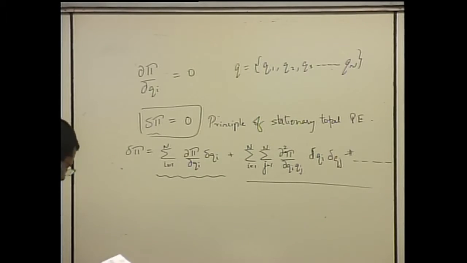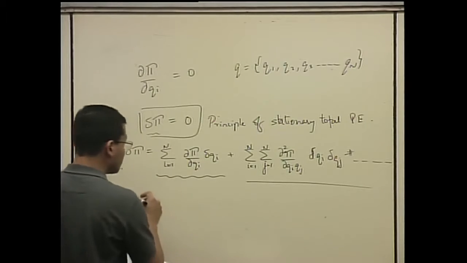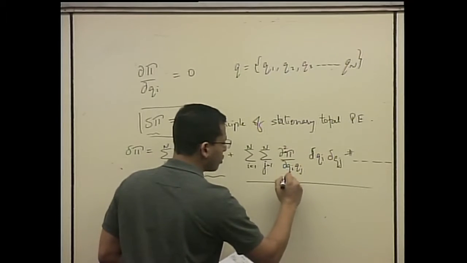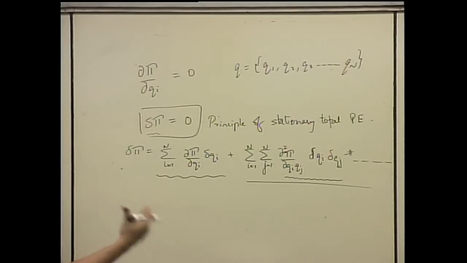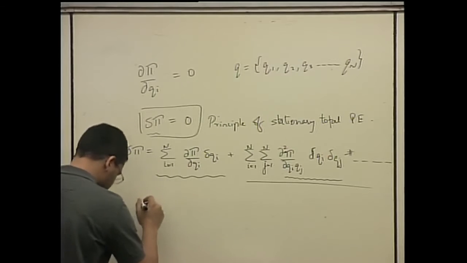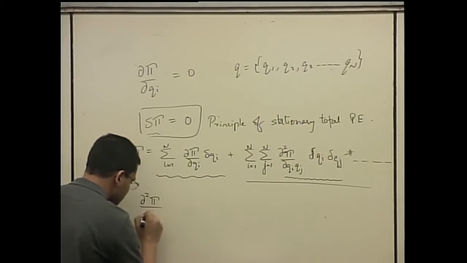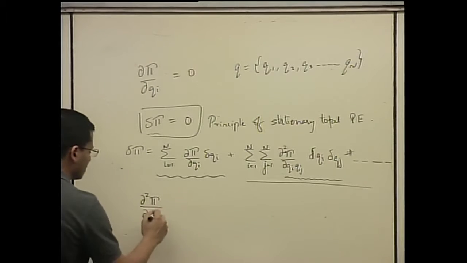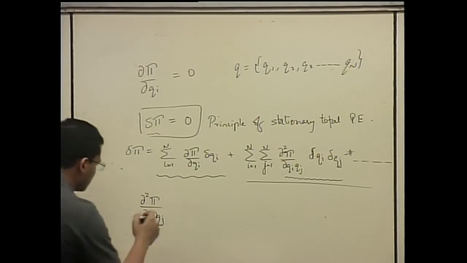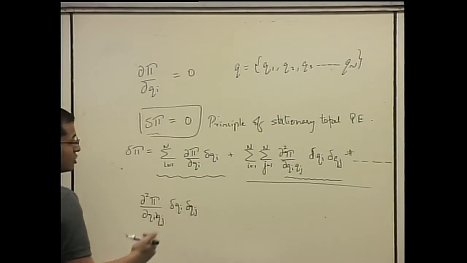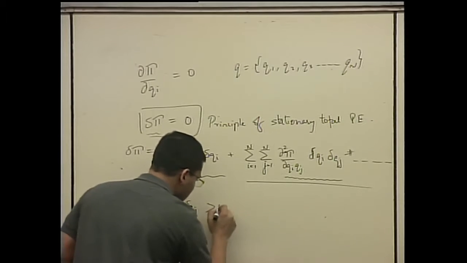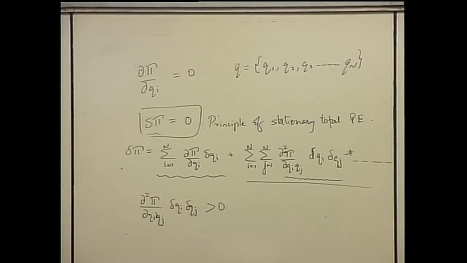This term is essentially a summation over the term which involves the second order differential of potential energy with the generalized coordinates, times the variation in the generalized coordinates, and it should be greater than 0 if we want our potential energy to be a minimum.